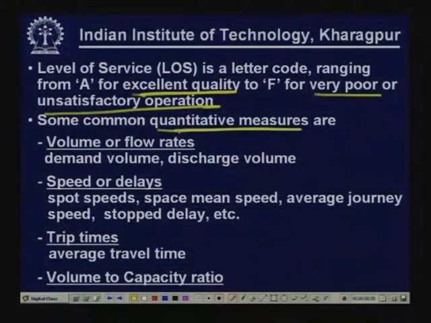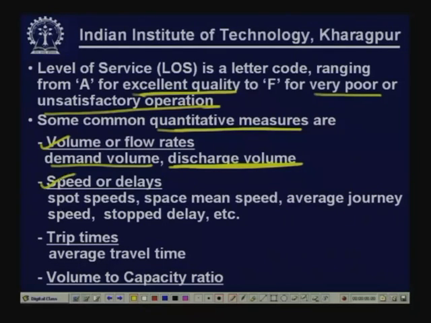Some of the common quantitative measures that may be used as measure of effectiveness are volume or flow rates, traffic volume or traffic flow. We can express it in terms of demand volume, or discharge volume, how much is coming out from the road system.